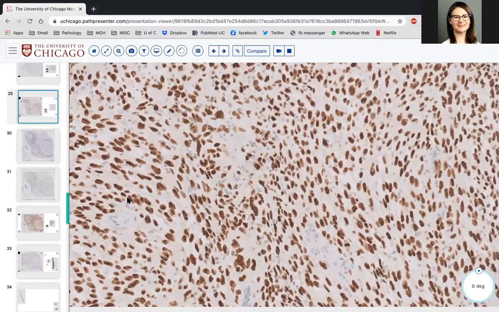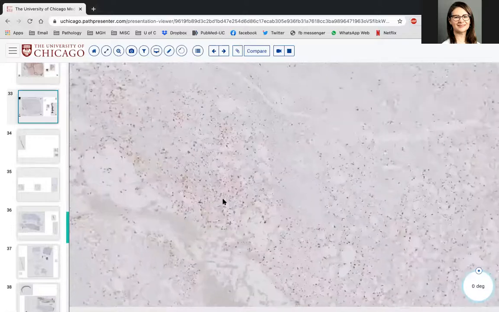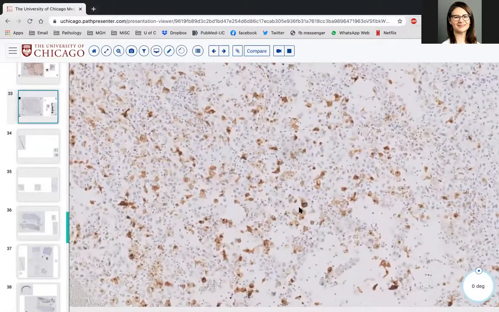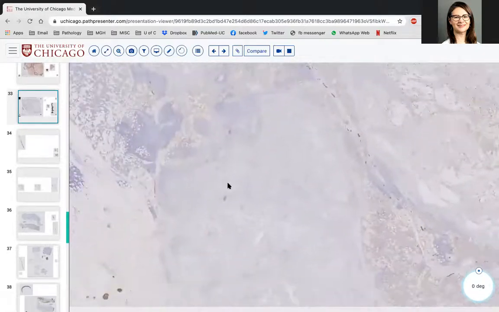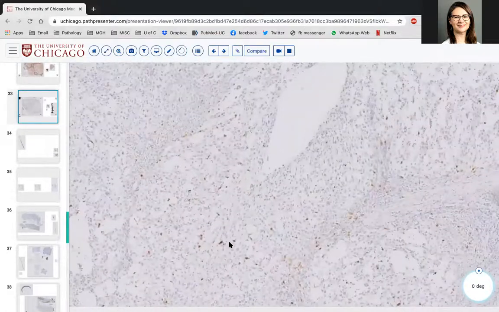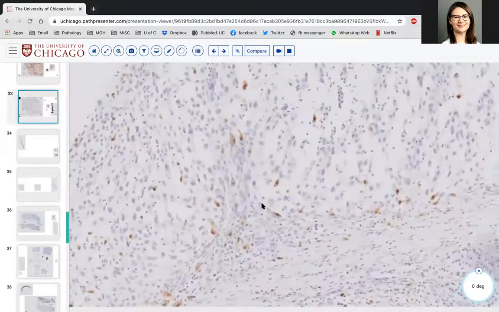So Reham said myoepithelial, Luke said S100. All right, so do we have, oh, we do have an S100. So we definitely have some expression of S100, kind of patchy, not really diffuse and strong, but sort of patchy, which, you know, can happen.